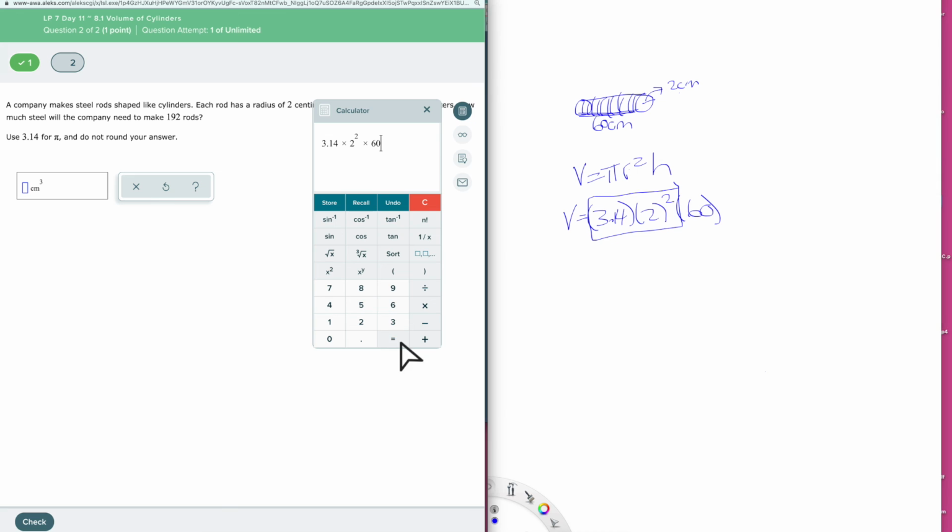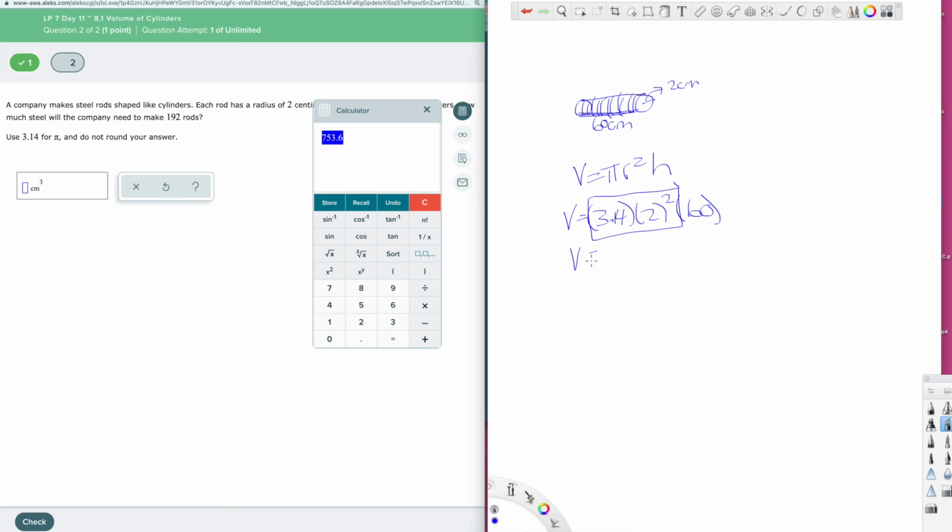So we're going to get V equals 753.6, and this is centimeters cubed, 3-dimensional. Volume is 3-dimensional. This is not the answer we're going to type in. This is the volume of one rod. How many rods do we want? 192.